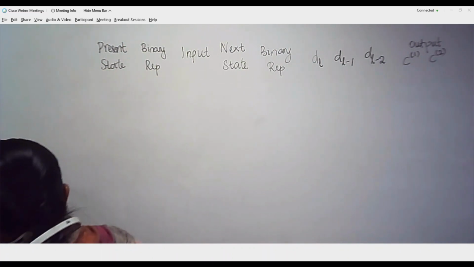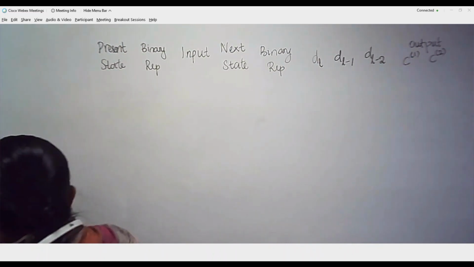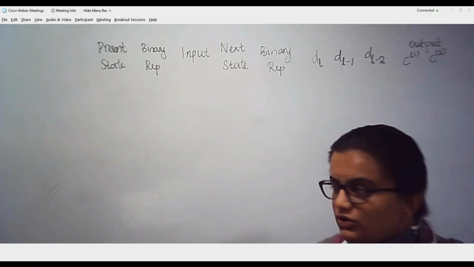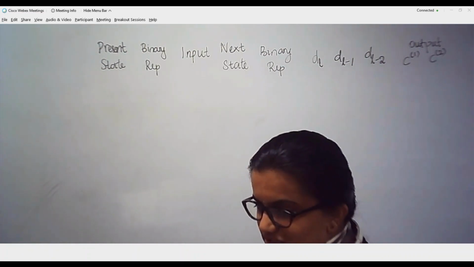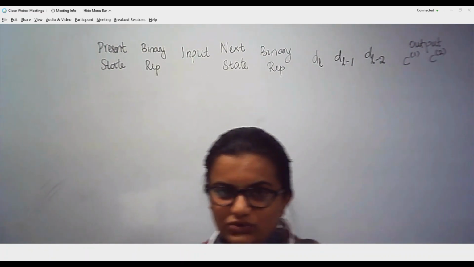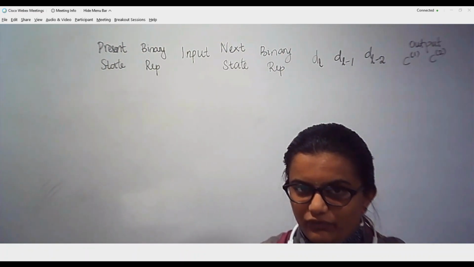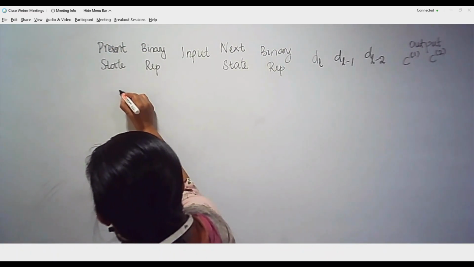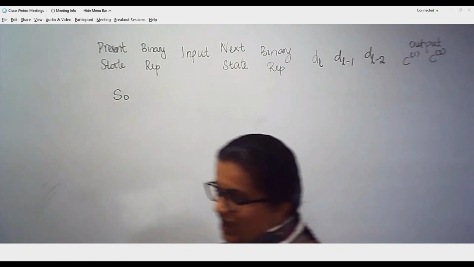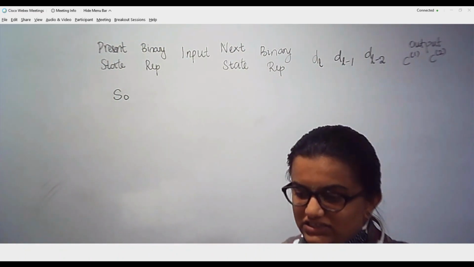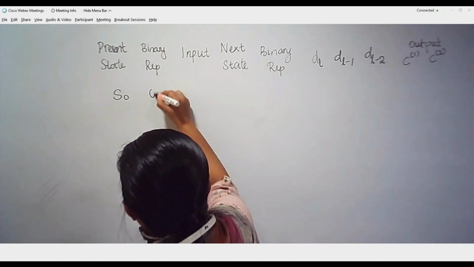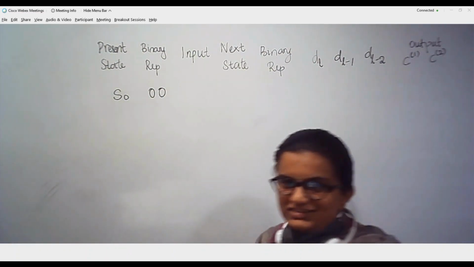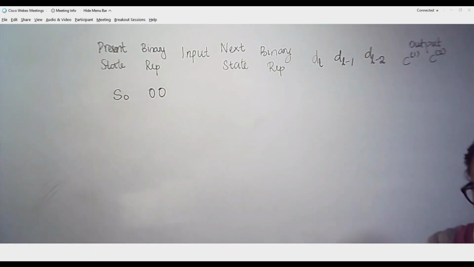Yeah, so we shall start off with the initial state, where the flip-flops are in their initial state, where all the entries inside the flip-flop are flushed out and they are zeros currently. So when I start off, I'll be in the state S0, because its binary description is 0, 0. The content within the flip-flop is 0, 0.